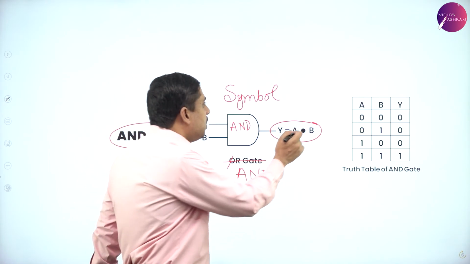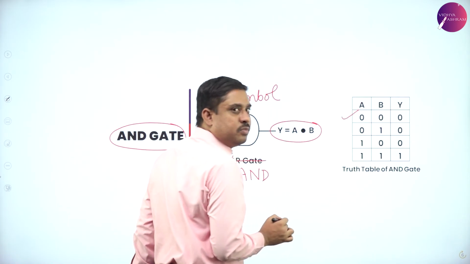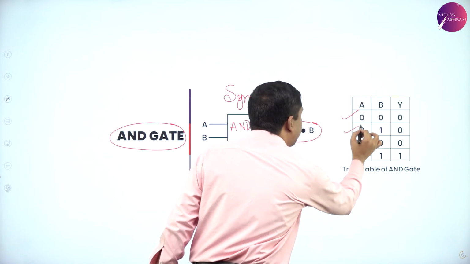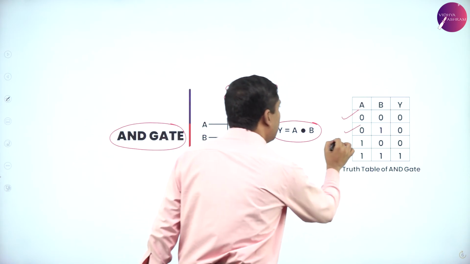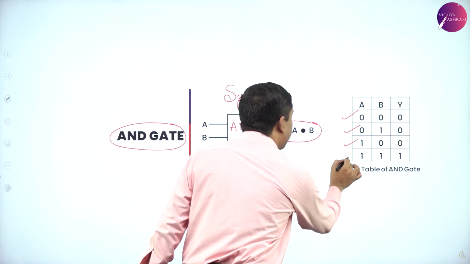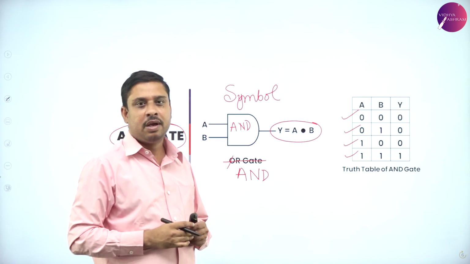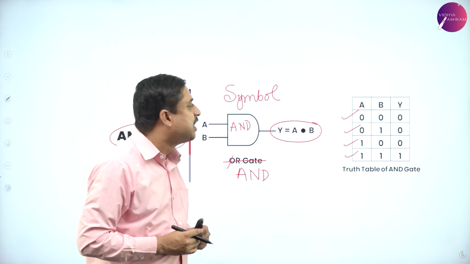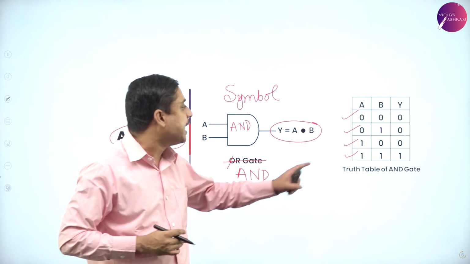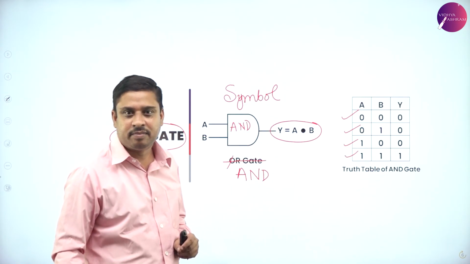So, the mathematical operation it is performing is multiplication. So, 0 into 0, 0. 0 into 1, 0. 1 into 0, 0. 1 into 1 is 1, which means the output of the AND gate is high when both the inputs are high.